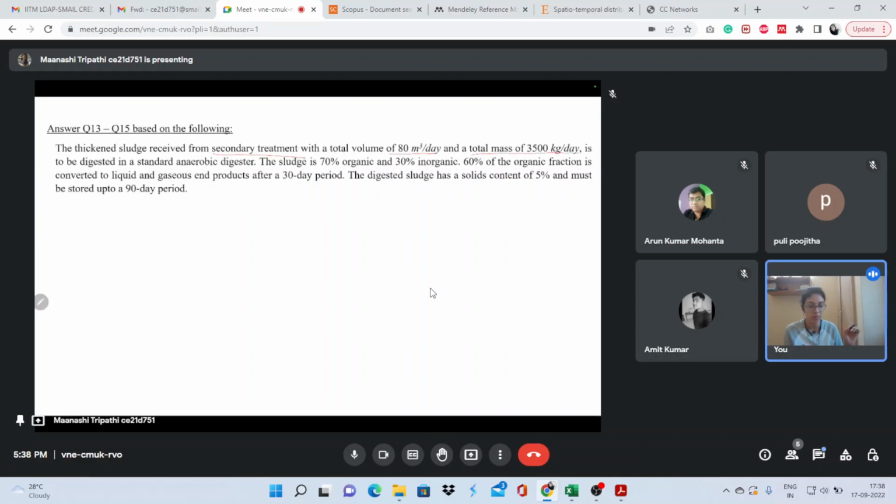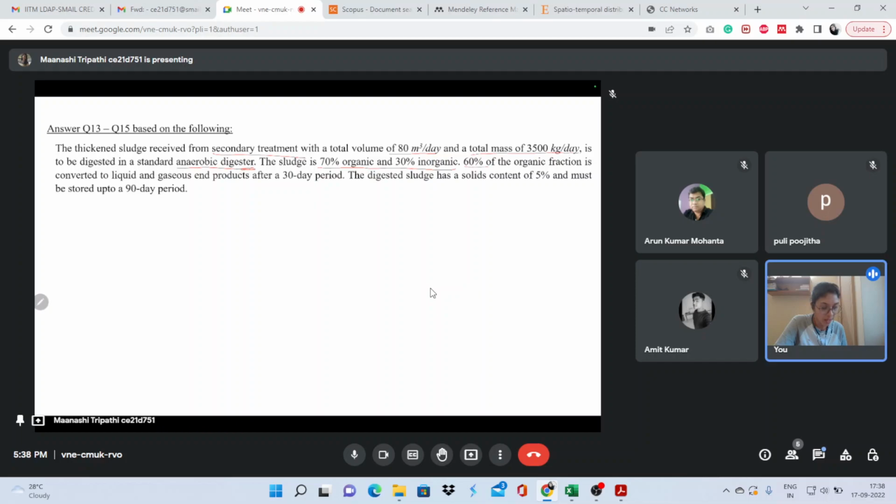This you should note somewhere. And we are digesting it in an anaerobic digester. The sludge is 70% organic and 30% inorganic. Important point is it is 70% organic and 30% inorganic.